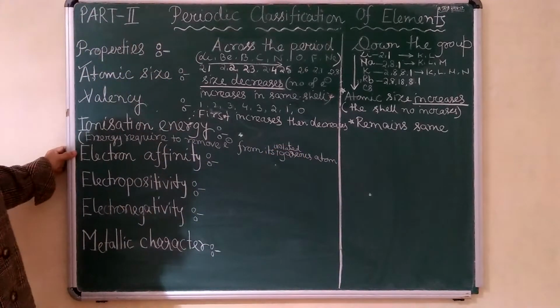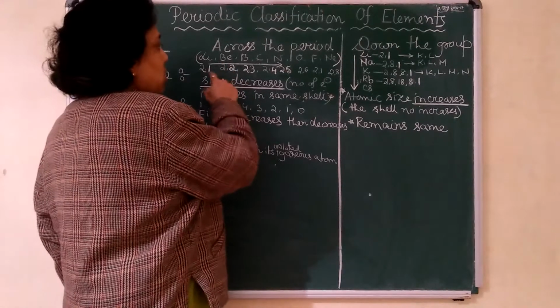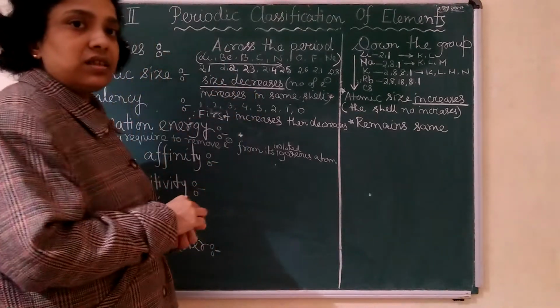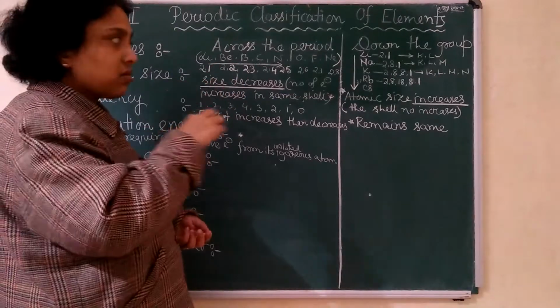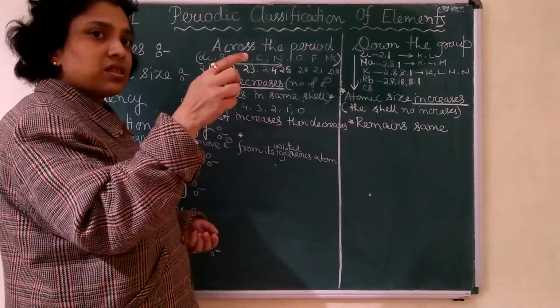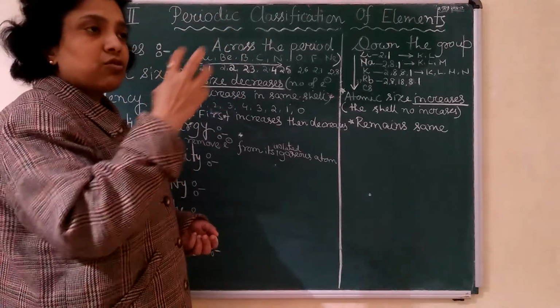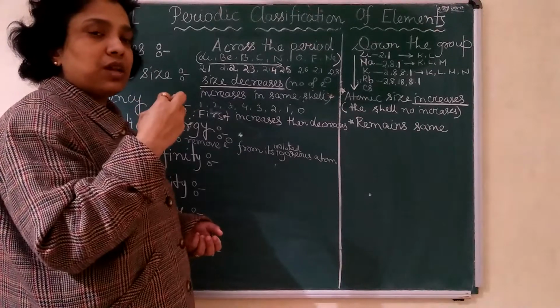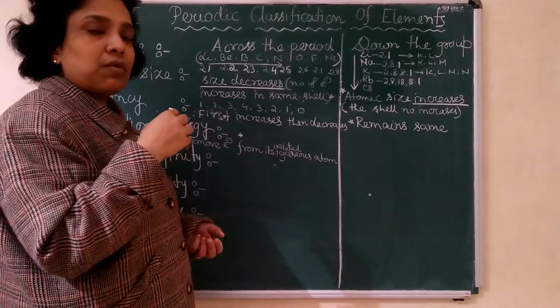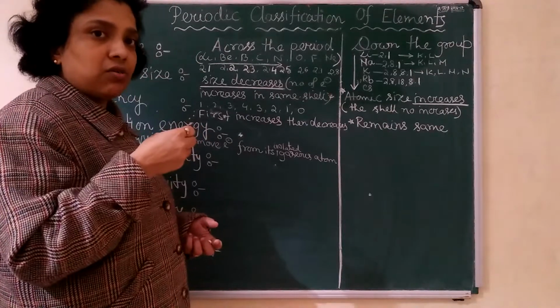Okay, what will happen now? You have to remove an electron. Now see here, I have written, when size is decreasing, the force of attraction between the electron in the last shell and the nucleus is very high. So to remove an electron from the last shell will be very difficult, and more energy will be required.